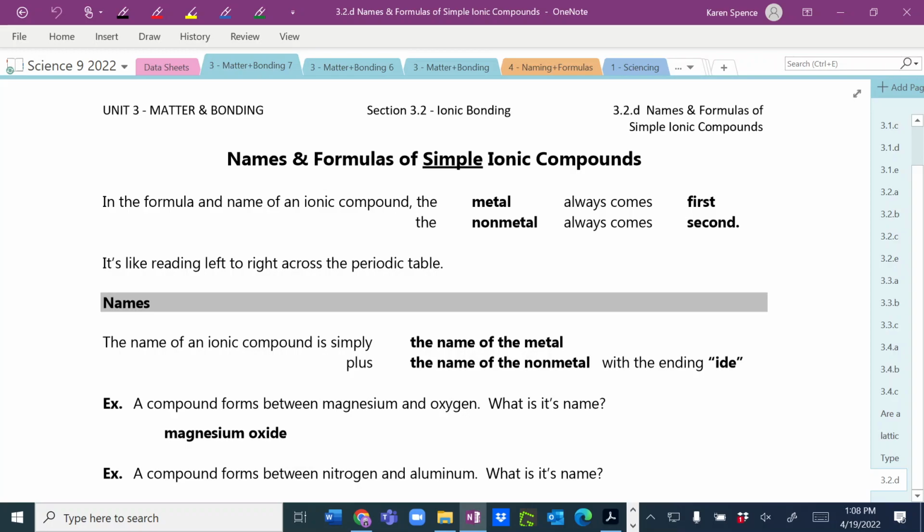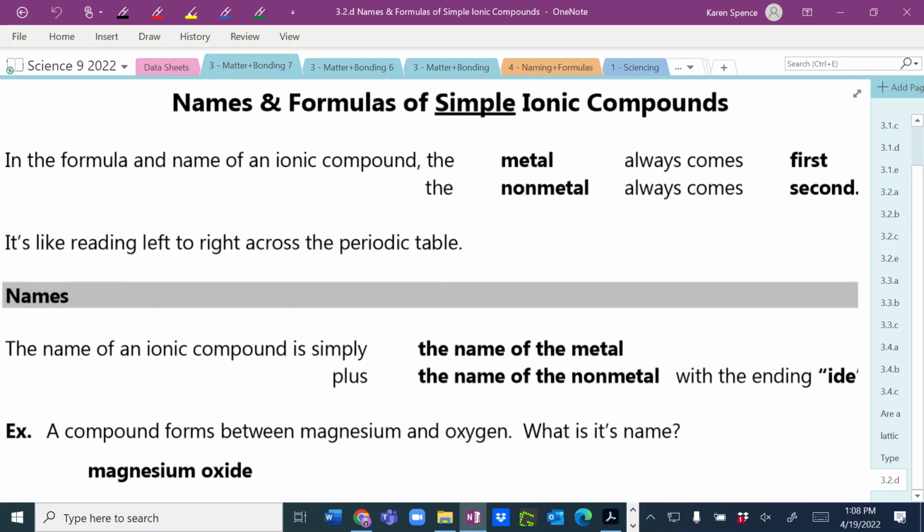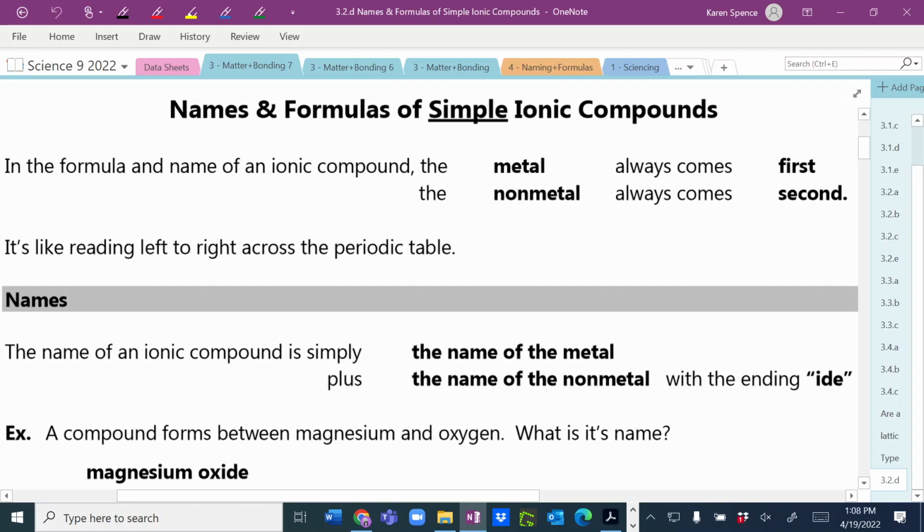When we have a formula or a name of an ionic compound, and remember, an ionic compound is going to be a metal plus a non-metal, who comes first in the name or the formula, the metal or the non-metal?